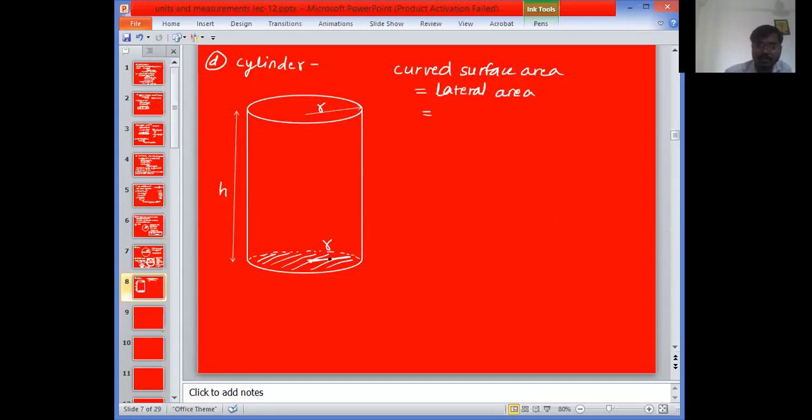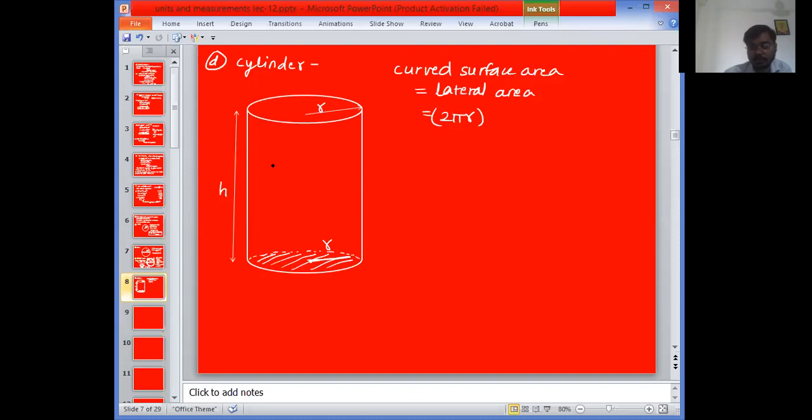The formula is circumference into height. Circumference is 2 pi r, into this height h. That is called lateral area.